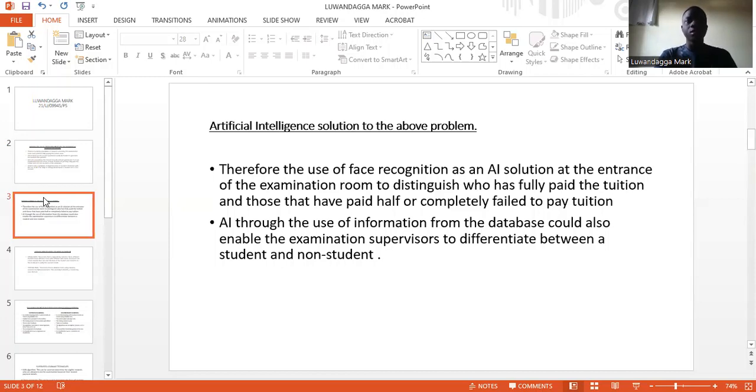That means I want data from the university registrar to help out with that information, so that the machine detects your face, then translates back whether you have fully paid the fees, to see if you're eligible to sit for the examination, or if you're just impersonating.